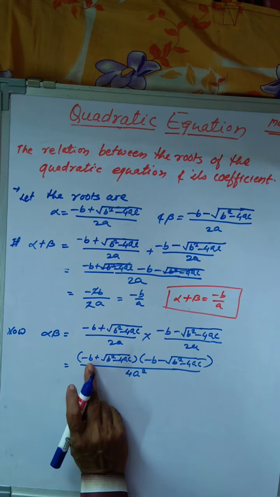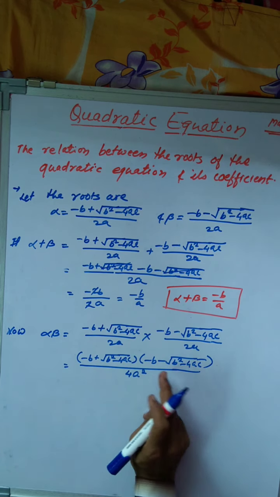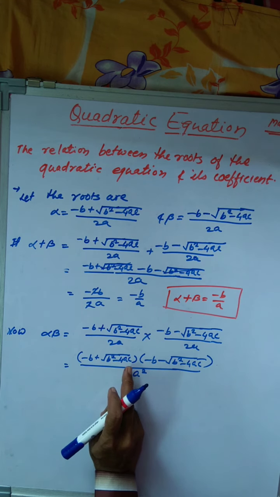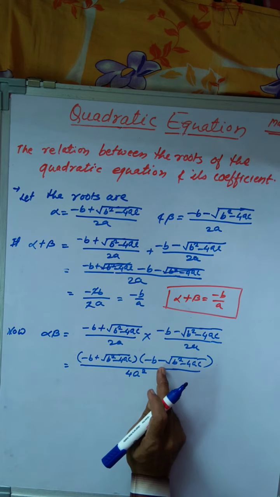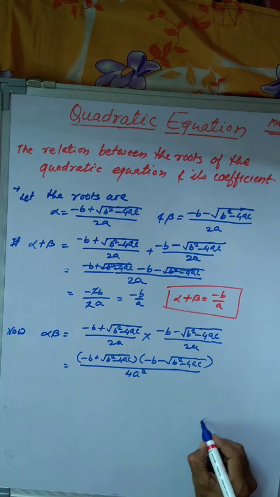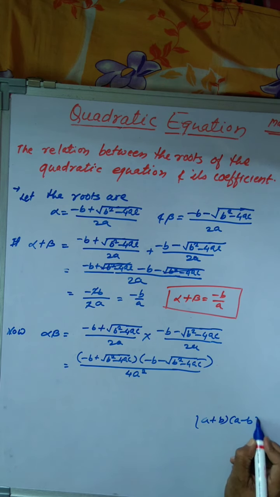Here the product is in terms of (a + b) and (a - b).